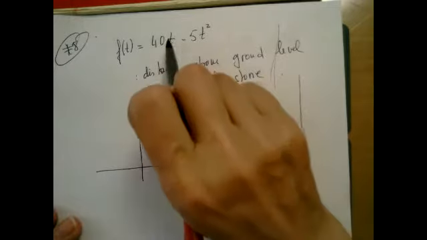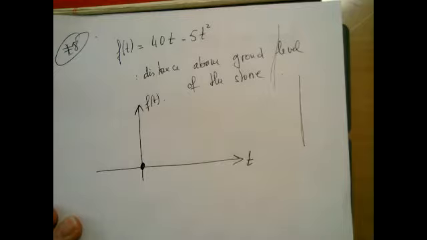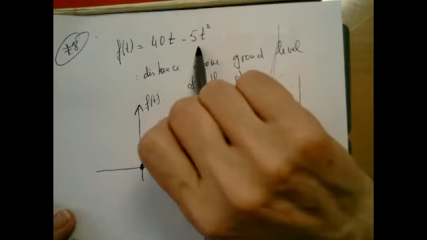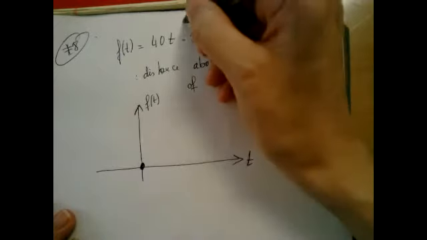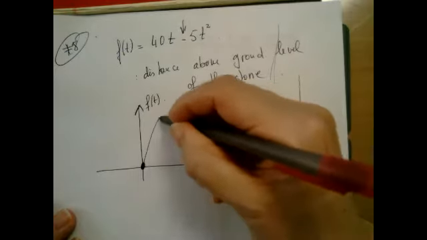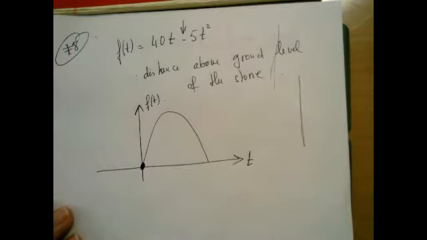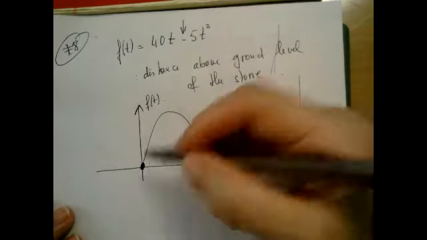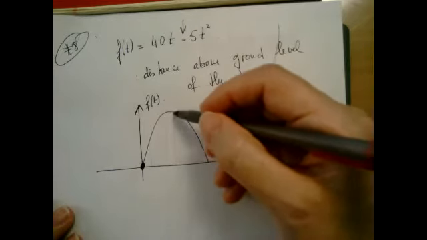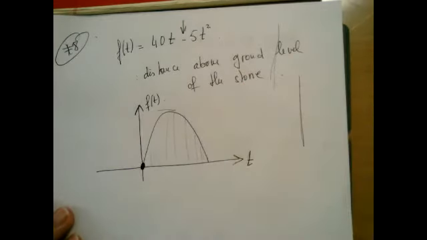So at t equal to 0, the function is 0. Now, what kind of graph is that? This is a parabola, right? It's a parabola pointing downward. So the graph is going to look something like this. And that really reflects what the stone is going to do. The stone is going to go up, the distance increases above ground level. It hits its maximum height, and then it's going to start going down and down and down.